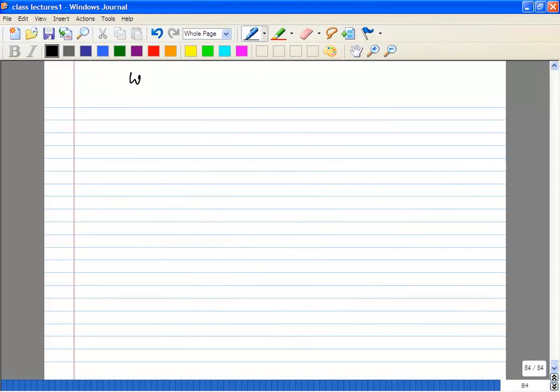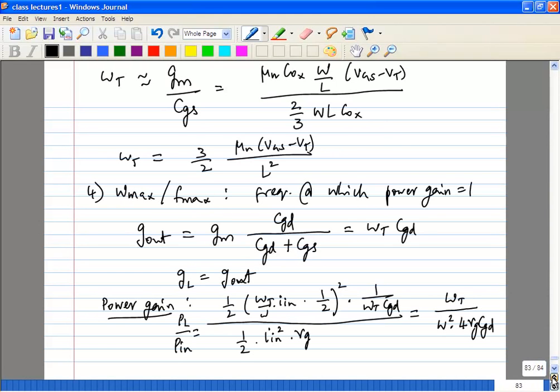Yes. It is just a matter of bringing it down to simpler terms in terms of omega t. So this is actually an approximate relation. It's not the exact relation. Even if you look at omega t, you also neglect quite a number of effects because you actually have a feed forward effect through CGD for the signal.